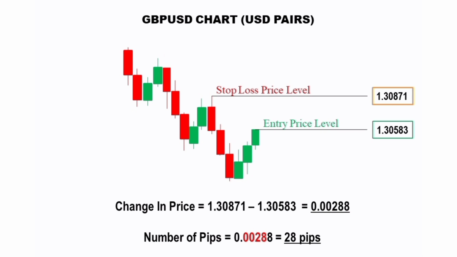Of course, we don't put the last digit into calculation, we only take the first four digits. So the number of pips here is 28 pips.